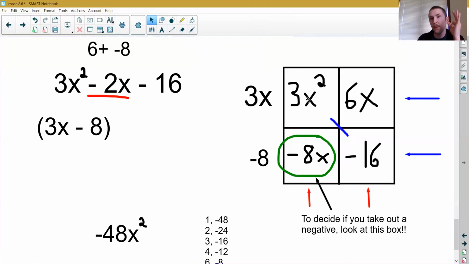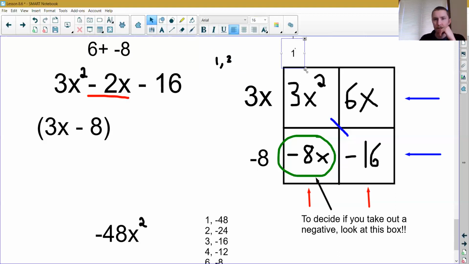What can I divide 3 and 8 both by? Well, if we remember from before, the 3 can actually only be divided by 1 or 3, and I don't think I can do 8 divided by 3. 8 divided by 3 does not work very well. So I'm going to do 1 as my common factor, because I know I can divide 8 by 1.